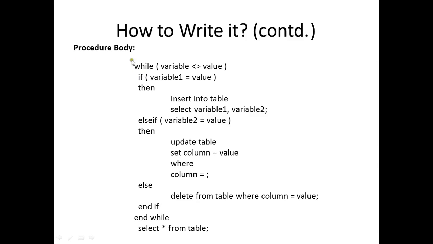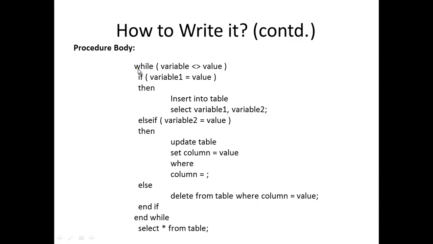Next we see the procedure body. The procedure body would eventually have while statements for looping through each and every time with a condition, and an if statement to check conditions and do logical stuff. Then you can have insert, update, delete, and select statements, however you want.